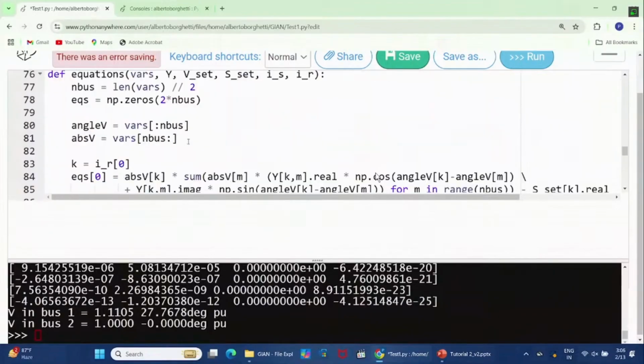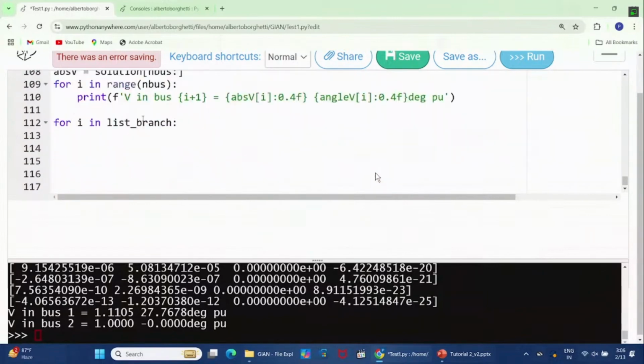So at the back, in the for in list of branches, I will say i dot, and then the name of this function that we have put, and we can calculate i power flow in parentheses, and then here we need to say what are the voltages.